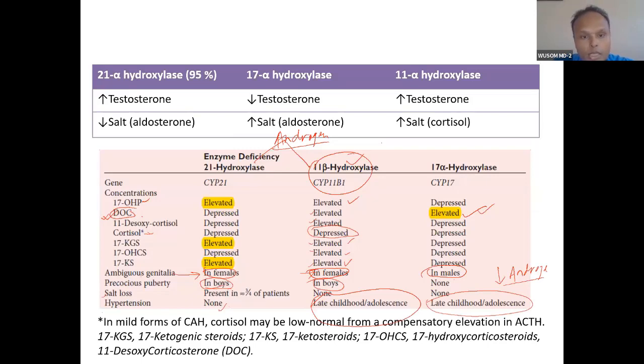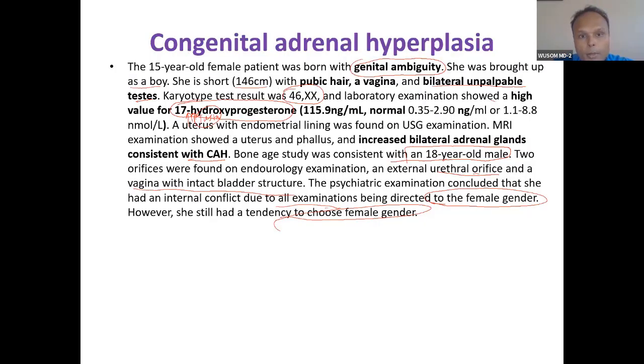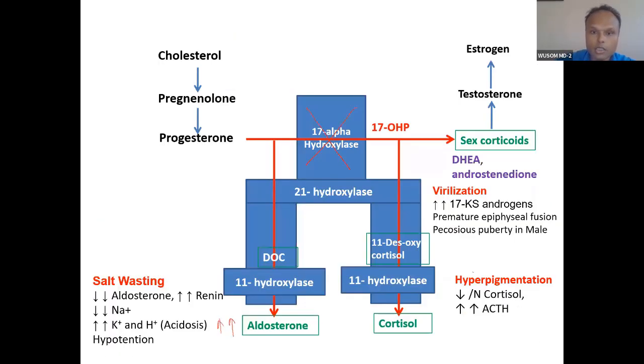You can match this with this. Okay, 17-hydroxyprogesterone. This molecule is high. Here this molecule is high. So what would you expect? So this deficiency is not there. There might be deficiency of this or this or this.